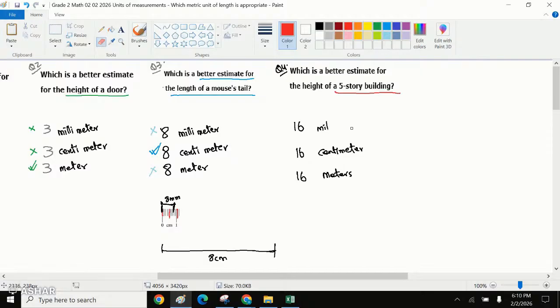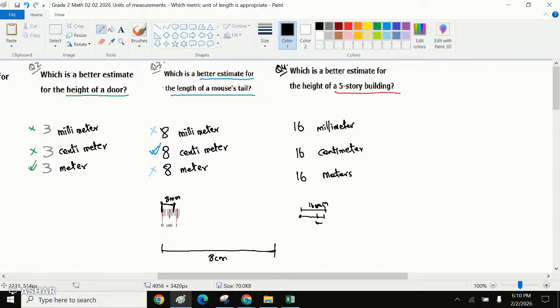Can it be millimeters? Can the height of a 5-story building be 16 millimeter? A 16 millimeter would be from this is 1 centimeter, and this is 16 millimeter.